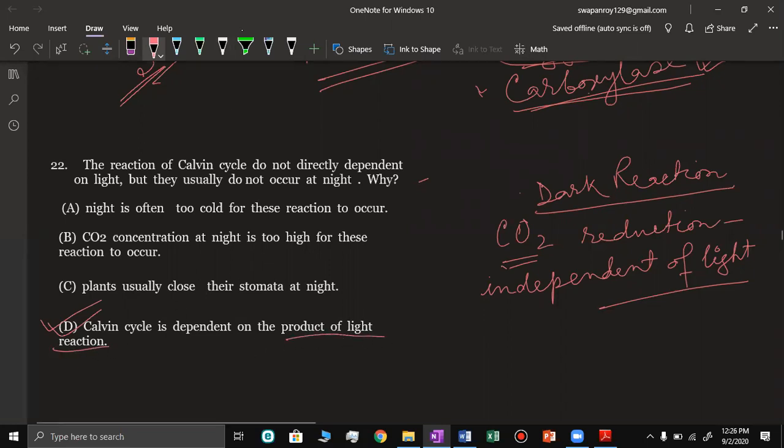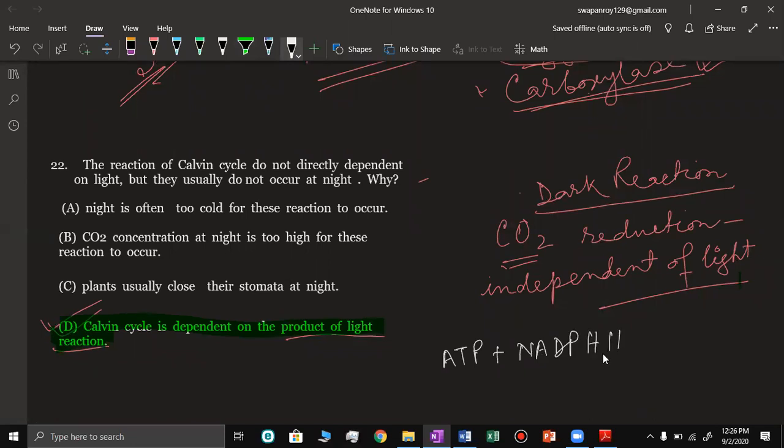Though the dark reaction is independent of light, it takes place during the daytime, not at night, because for the reduction of carbon dioxide it requires ATP and NADPH2, and these two are the products of the light reaction.